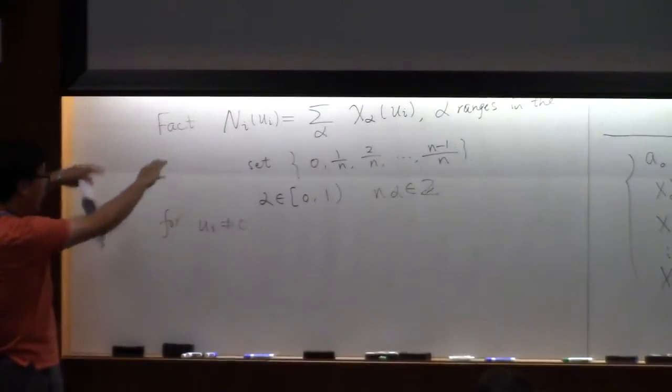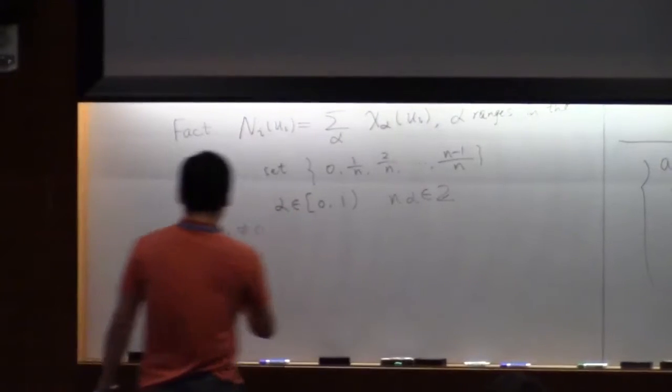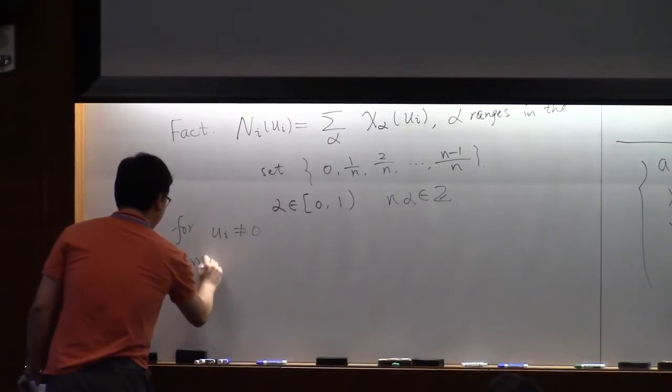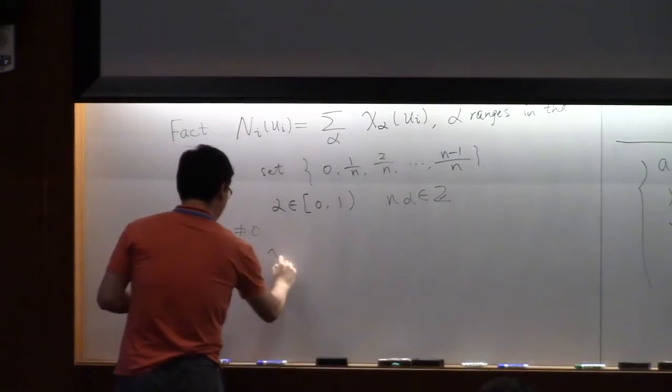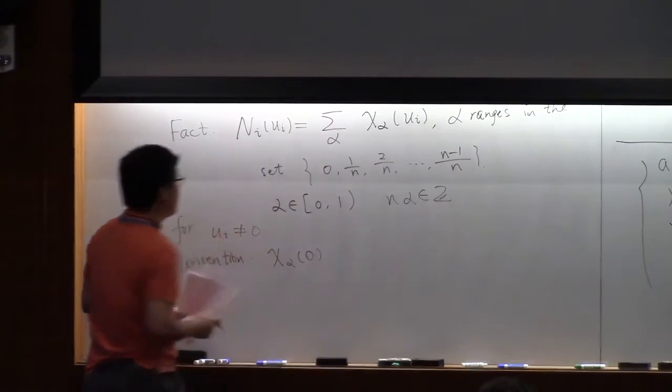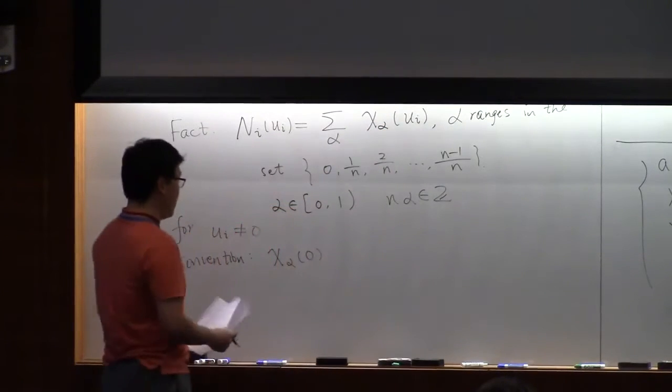But if you want to make the equality still true when ui is 0, then you need to make the following convention. You still need to define the value of these characters at 0.